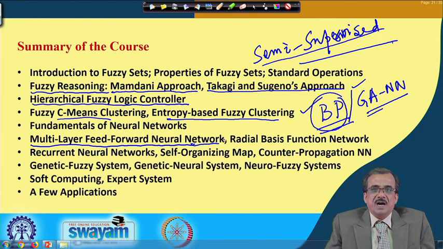Now, supposing that I am modeling a process having say 5 inputs and 4 outputs. So, if there are 5 inputs, on the input layer we are going to use 5 neurons, and on the output layer we are going to use 4 neurons.